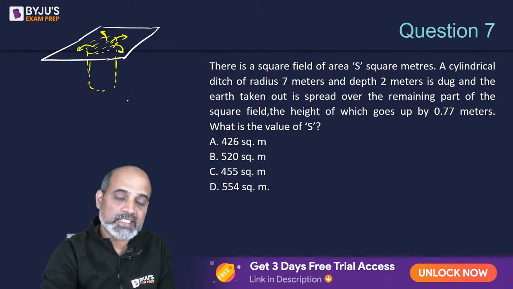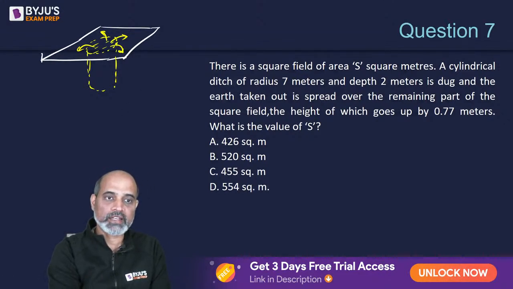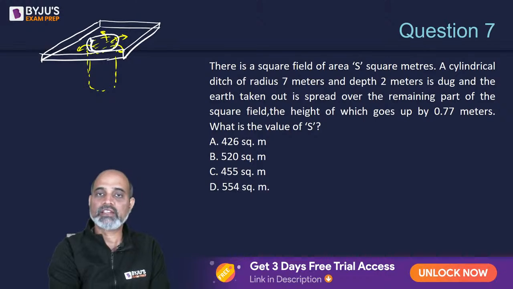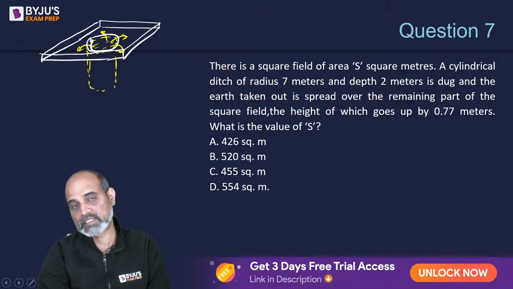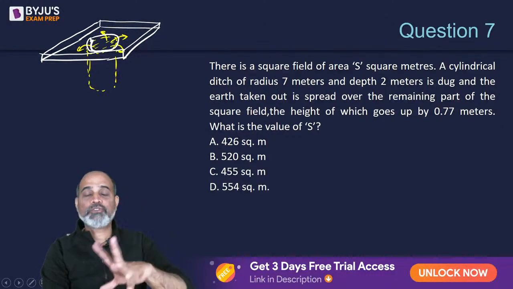Now when this is done, the height of the square field increases. Obviously it should increase, but it increases only along outside it, okay? So we are not putting the sand back into the cylindrical pit. That makes sense, right? So we have to equate the volume.